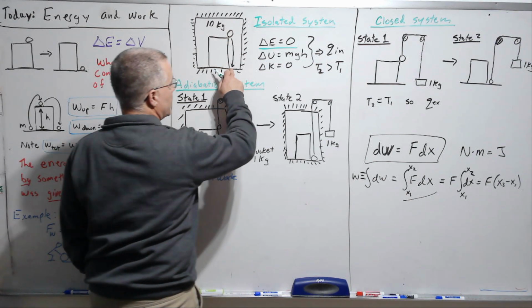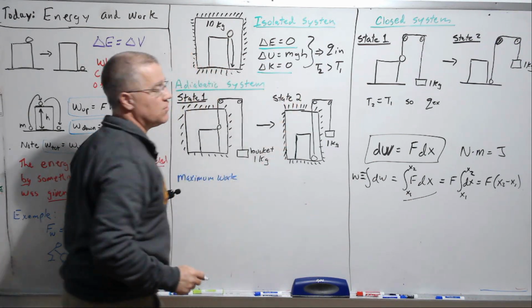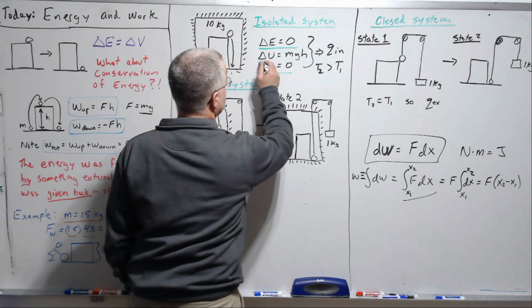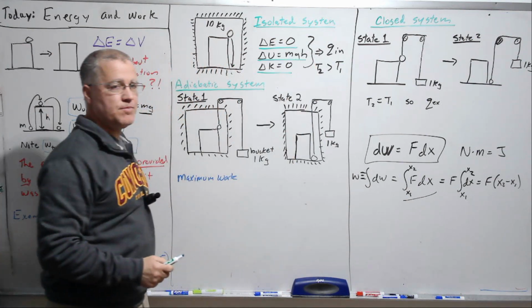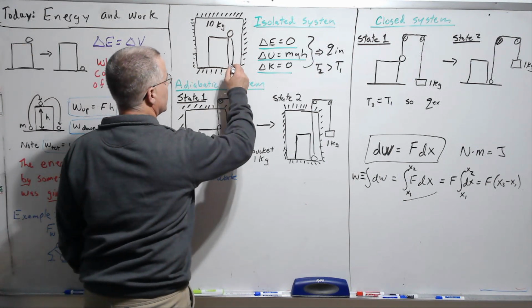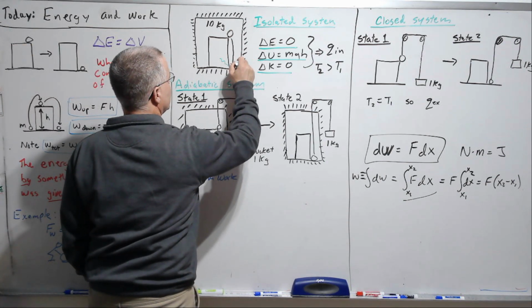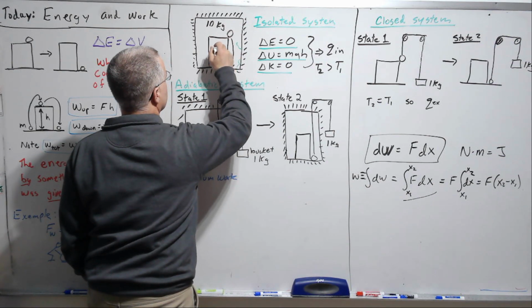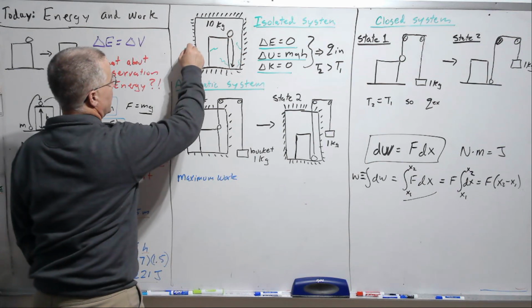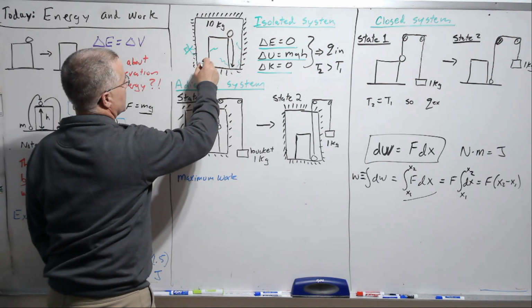But we land here, and our kinetic energy is zero, but our potential energy has changed. It's not zero. So we've lost potential energy, and that has gone into vibrations of this chamber, of which nothing can come out. It's totally insulated, so we can't have anything escaping here.